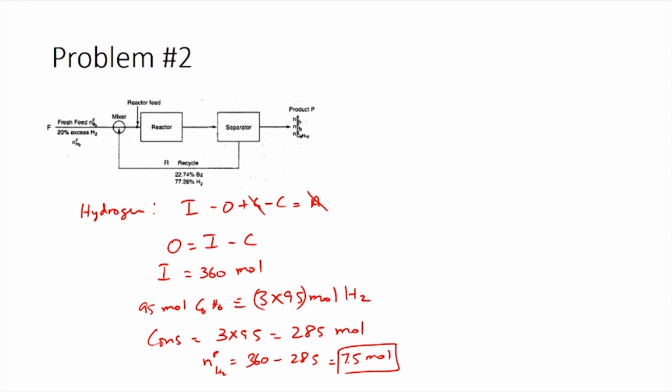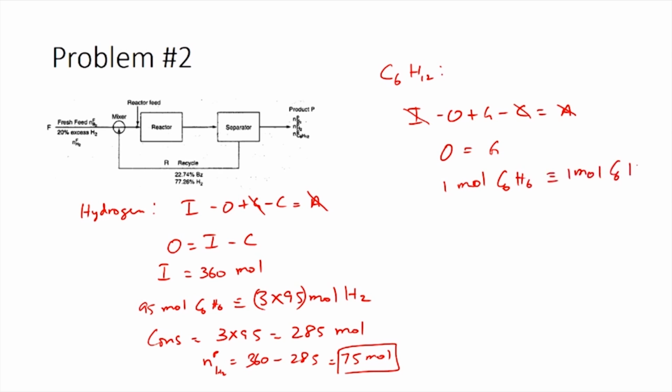Similarly, we can write a balance for cyclohexane to calculate the amount of cyclohexane in the product. So, your cyclohexane balance, C6H12 balance, would be input minus output plus generation minus consumption equals accumulation. At steady state there will not be any accumulation, as this is a product there is no consumption of cyclohexane. So, you do not have any cyclohexane entering, so your input is also equal to 0. Which means your output is basically equal to generation. Using the stoichiometry, we know that for every mole of benzene consumed there is 1 mole of cyclohexane produced.